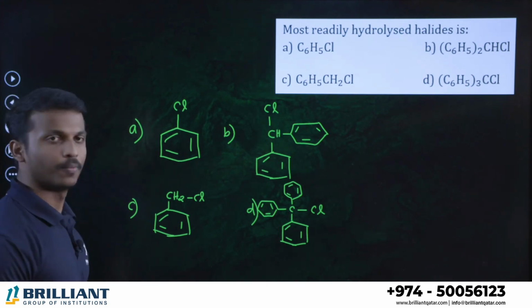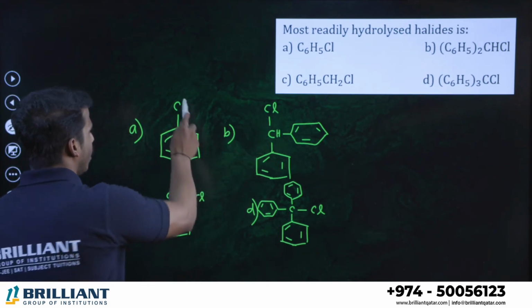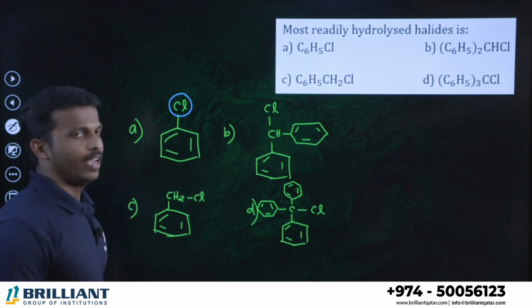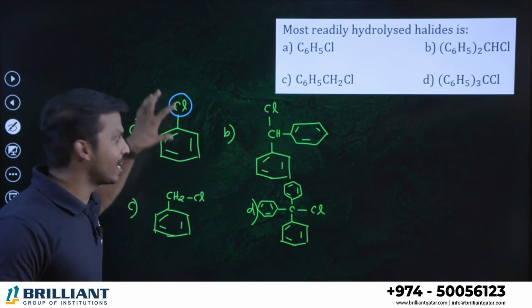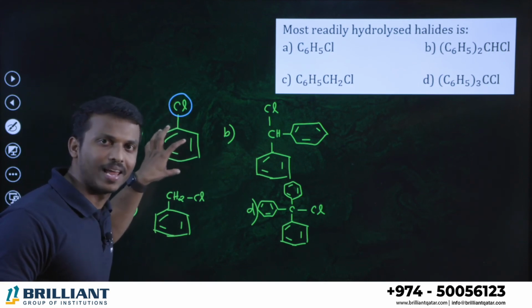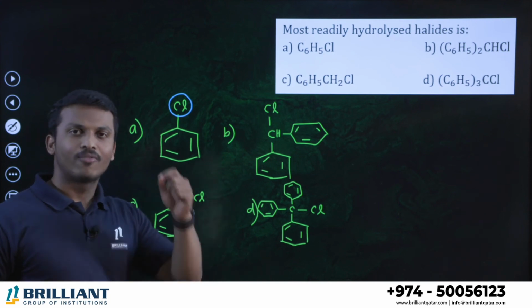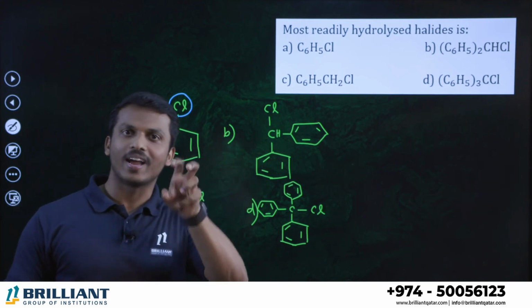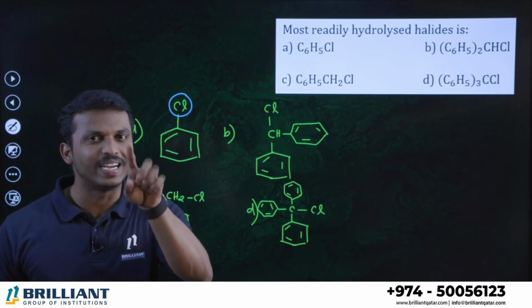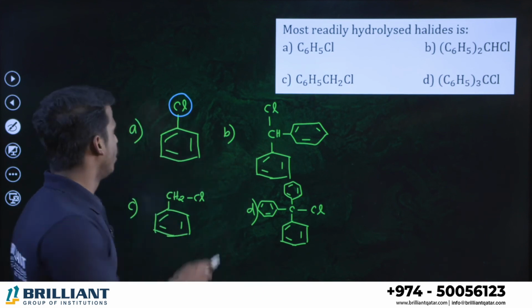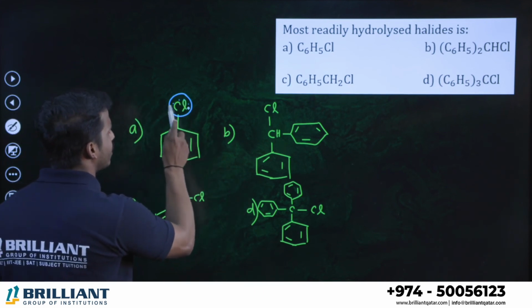That's the question. Remove halogen. This is a haloarene; a halogen is present on an aromatic ring like benzene. We studied that from a haloarene, removal of halogen is difficult. Why? This chlorine can undergo resonance.